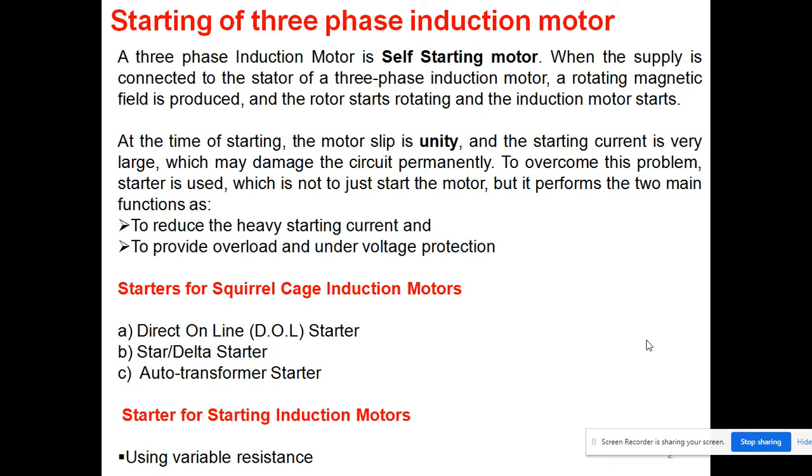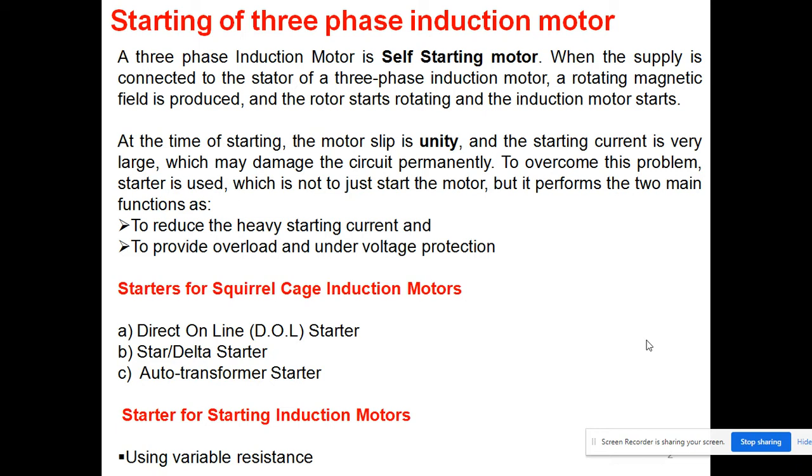To overcome this problem, a starter is used, which does not just start the motor but performs two main functions. One is to reduce the heavy starting current, and second, to provide overload or under voltage protection.